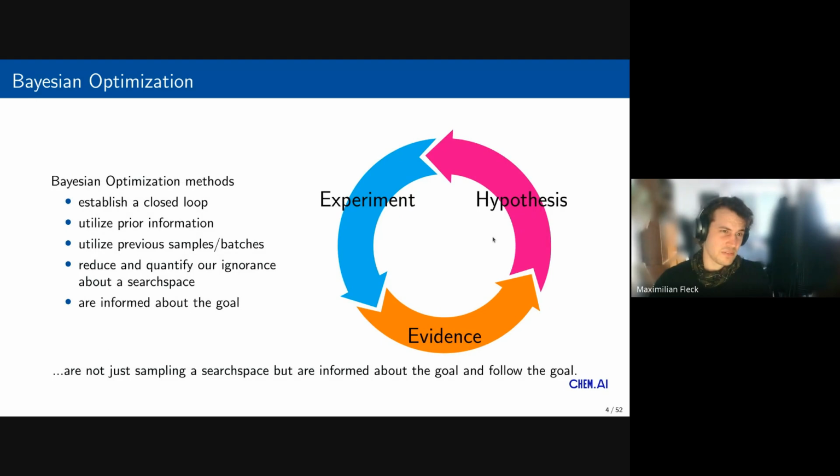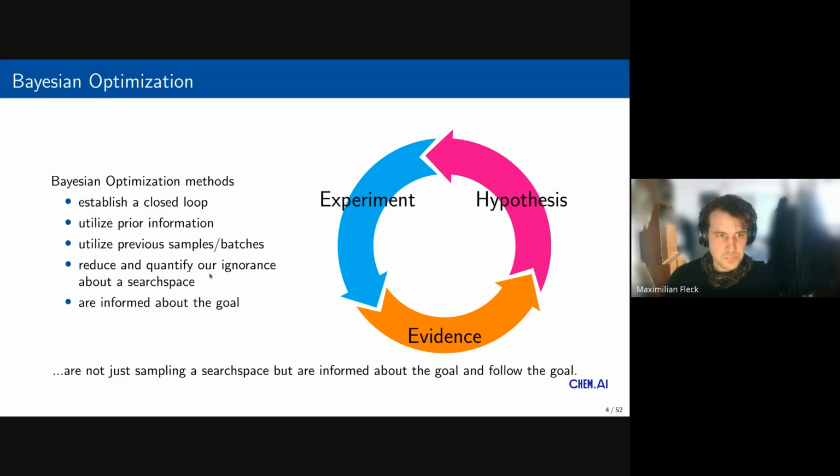Now, what are the benefits of BO compared to maybe other approaches? Well, as I've already shown, we're establishing a closed loop. We are utilizing prior information we gained throughout a campaign or a study. We utilize previous samples and batches, and methodologically it enables us to systematically reduce and quantify our ignorance about a search space.